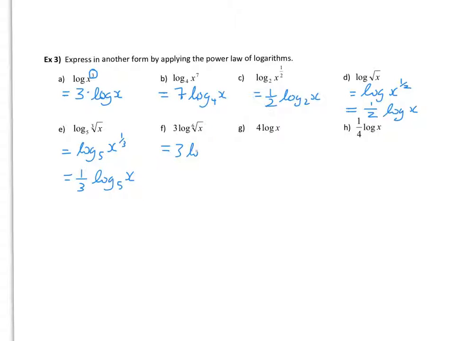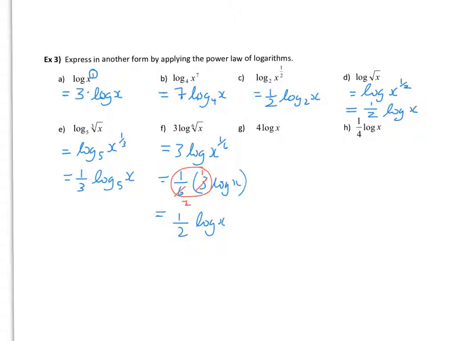And likewise, the 6th root could be written as an exponent 1/6. So that becomes 1/6 times 3 times the log of x. And then I can multiply the 6 and the 1/6 and the 3 together. 6 goes into itself once. 3 goes into 6 twice, and 3 goes into 3 once. That's going to give you a 1/2 log x.